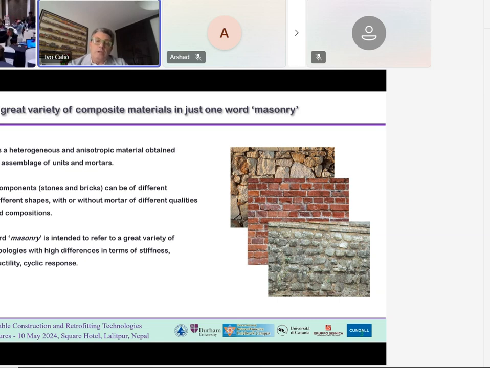And with the single word masonry, we refer to a great variety of masonry typologies with very high differences in terms of stiffness, strength, ductility, and cyclic, static and dynamic responses according to the specific masonry considered.